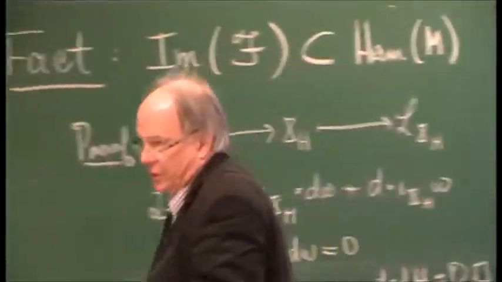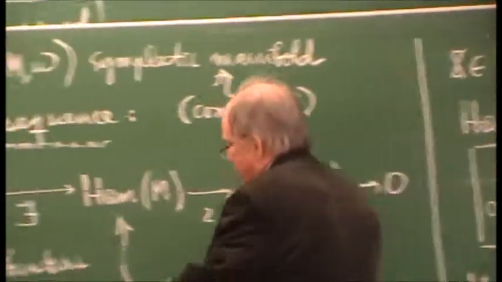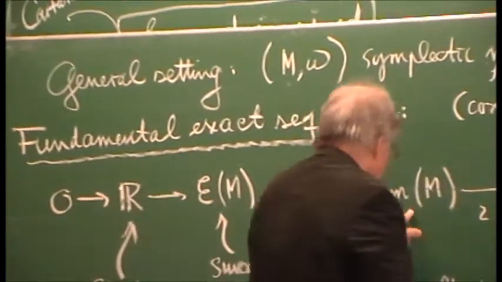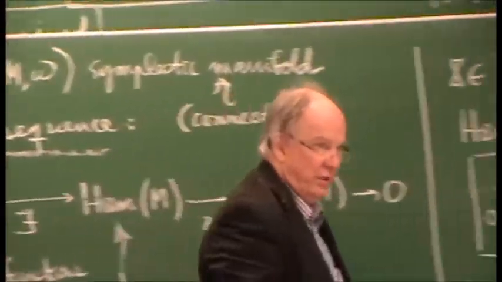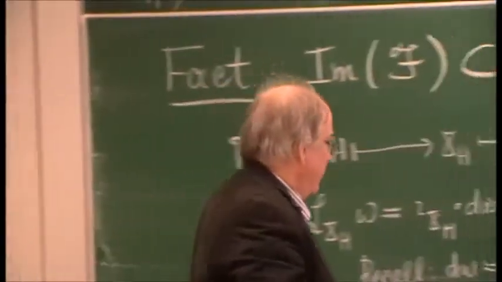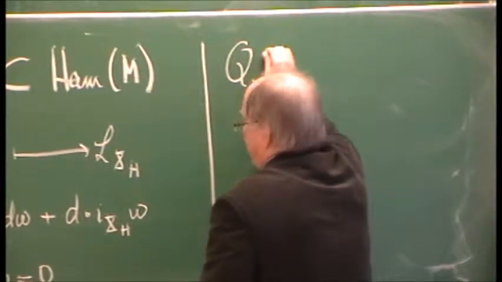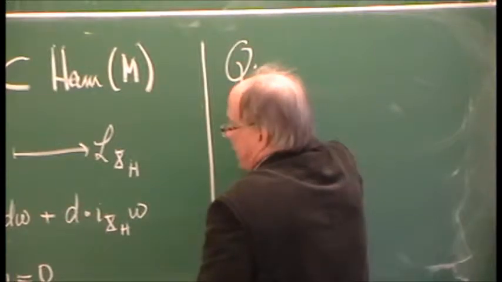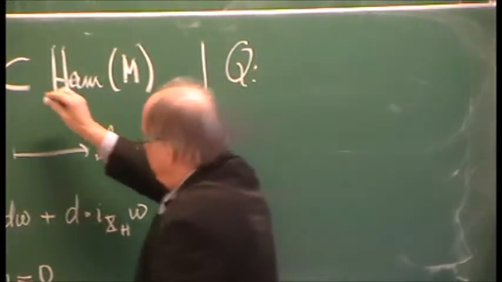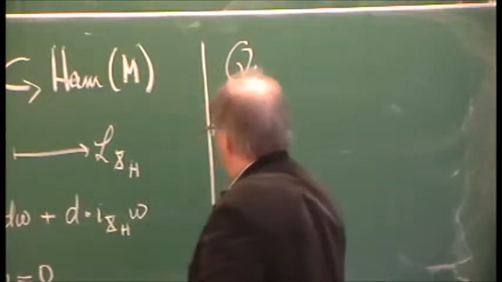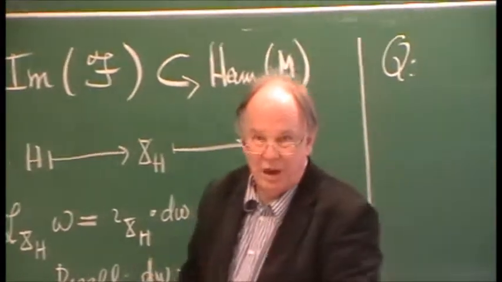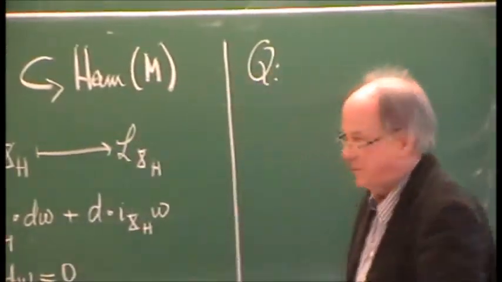And now the question is, what about here? What's the image of this thing? You would like the image to be everything, maybe. Is that an inclusion? What map is that? I'm going to tell you now, I haven't told you yet.